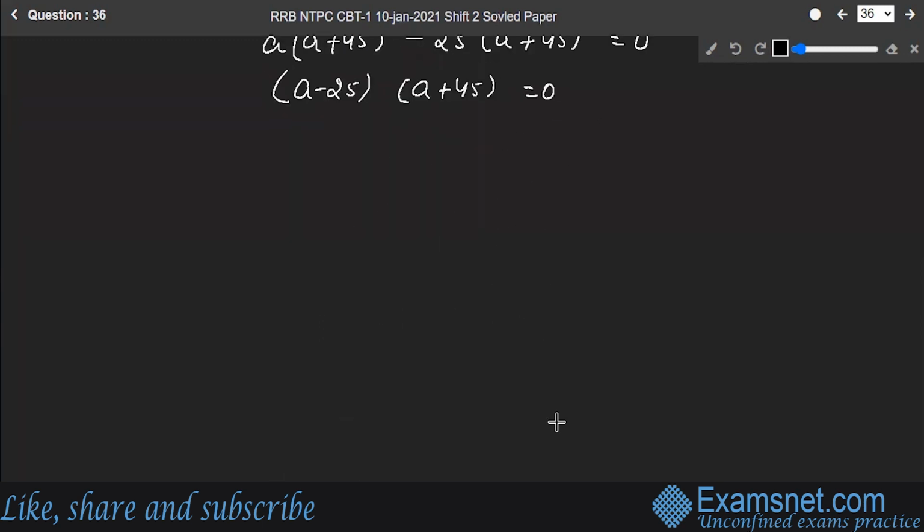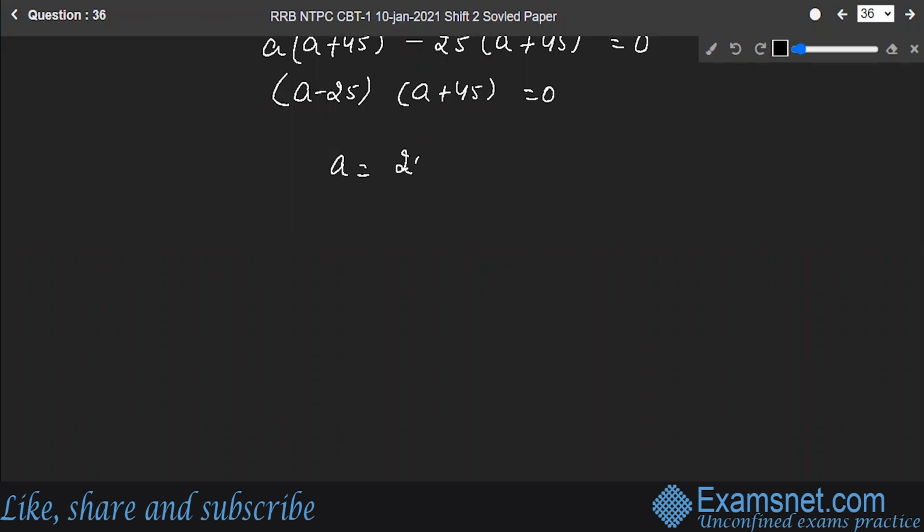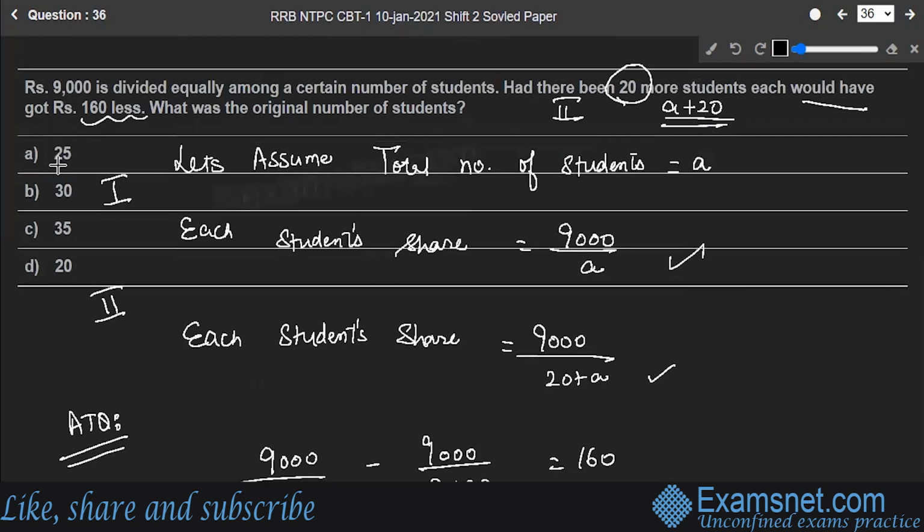From here, I have two values of A, that is 25 and minus 45. You can't take the negative value. So I'll take the positive one. Original number of people will be 25. Option A is the correct answer to this question. Hope you understood this. Let's move to the next question, number 37.